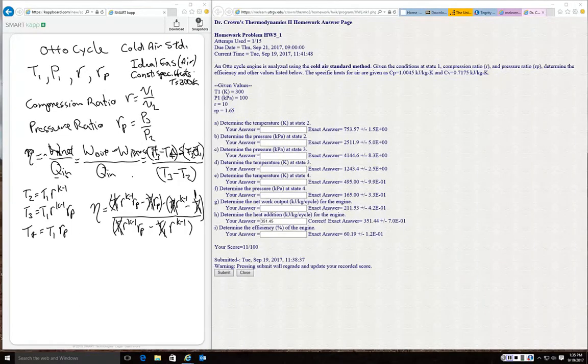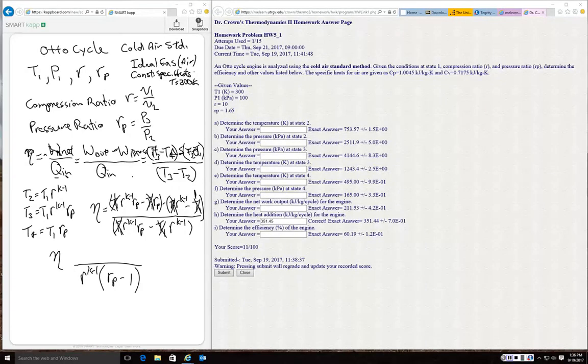Then we can do a little manipulation here for the denominator. We see that both terms have an r to the k minus 1 term, so we have RP minus 1. And then in the numerator, we've got a few terms.